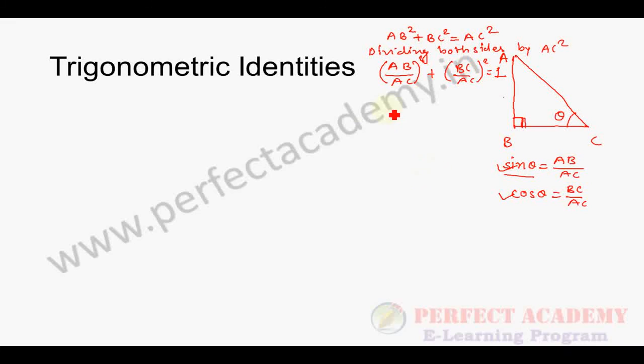So I will write it as sine of theta the whole square plus cos of theta the whole square is equal to 1. Sine of theta the whole square and cos of theta the whole square are also written as sine square theta plus cos square theta is equal to 1. This is referred to as the first trigonometric identity, which is just obtained by using the Pythagoras theorem.